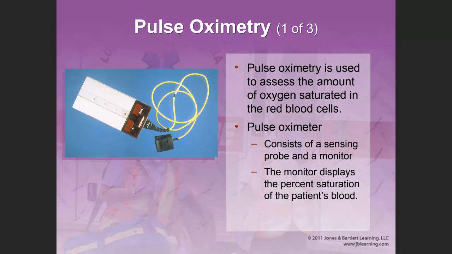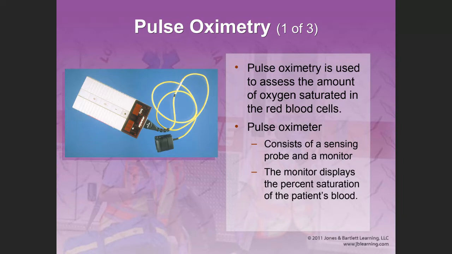It doesn't mean that the oxygen you're giving isn't working. It's just that the body is going to take a longer time to adjust to it because they have been living for so long without the high concentration of oxygen in the blood. So again, we do not treat numbers and we do not treat devices. You look at what is presented and you manage what is presented based on your assessment skills. So it's a guiding tool.